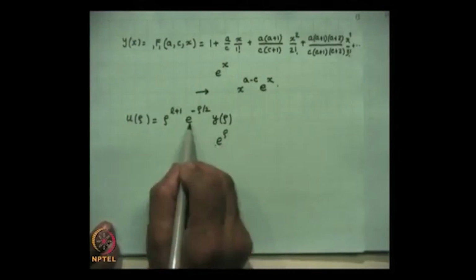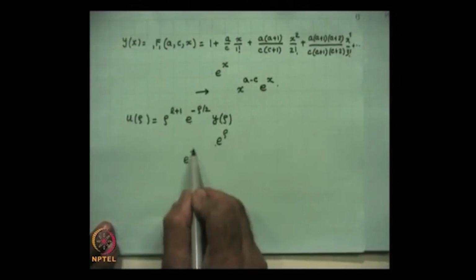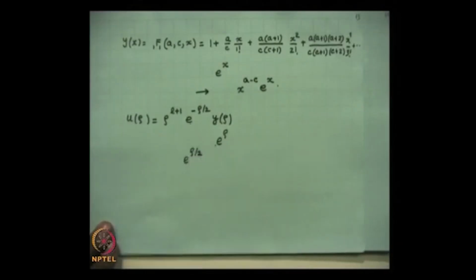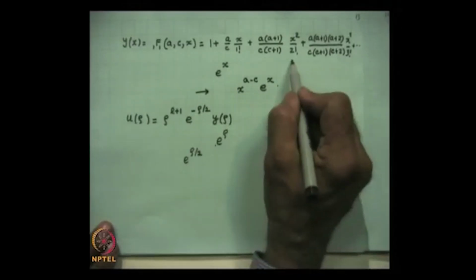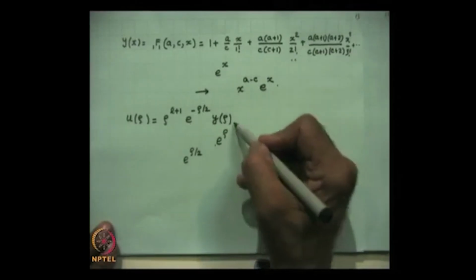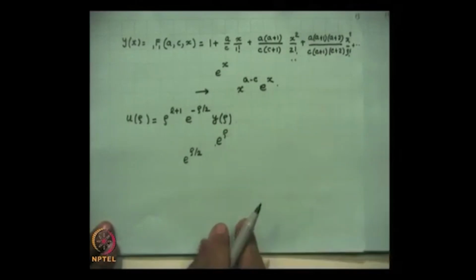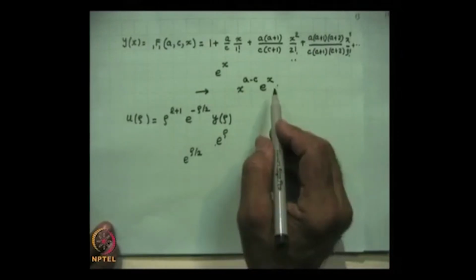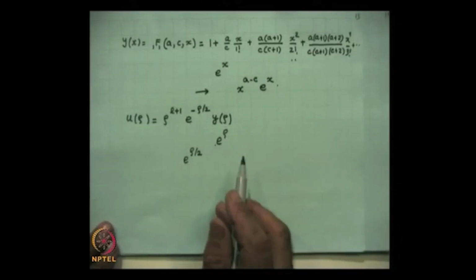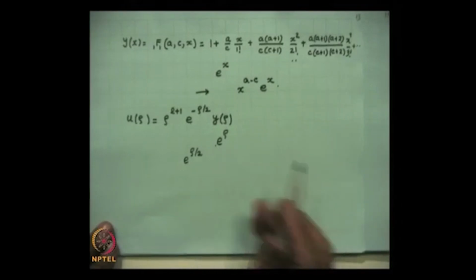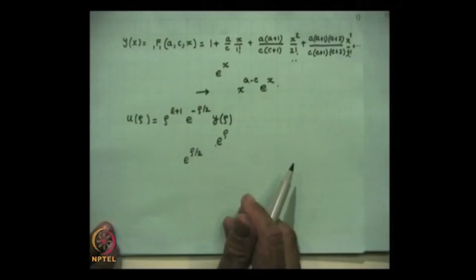So, this multiplied by this will become e to the power of rho by 2. And so, although the infinite series is convergent, the wave function will blow up. And that cannot happen, otherwise it will not be normalizable.